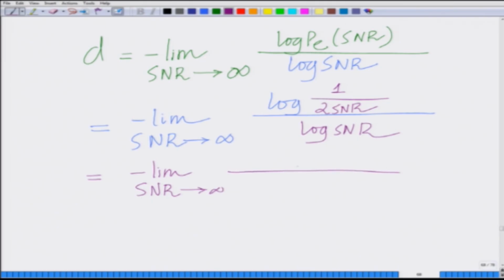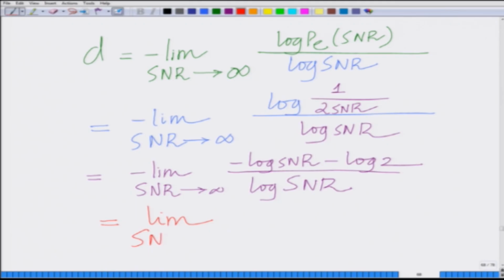Now, log of 1 over twice SNR equals minus log SNR minus log 2, divided by log of SNR, which in turn, bringing the minus sign inside, is the limit as SNR tends to infinity of log SNR divided by log SNR, which is 1, plus log of 2 divided by log of SNR.